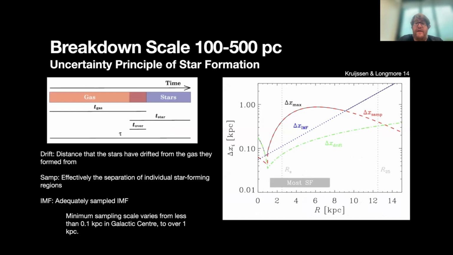And it all comes back to this, really, in the uncertainty: you get less uncertainty as you get further out, because you're starting to sample a full IMF, but it's that drift in the middle that is quite harsh on the smaller scales. When your aperture is very small, you're not getting the stars and the gas that were actually involved in the same process connected anymore.